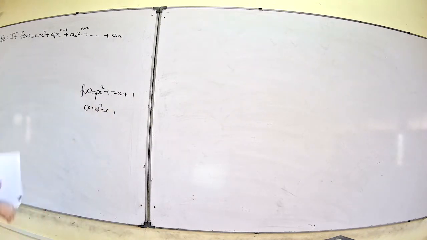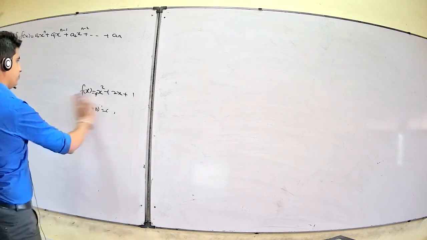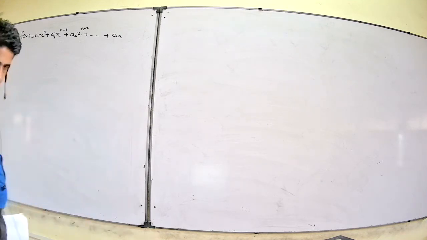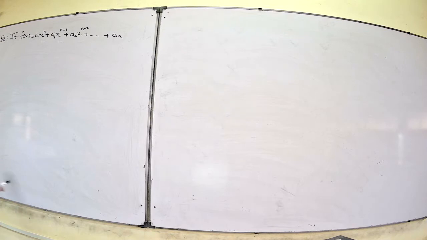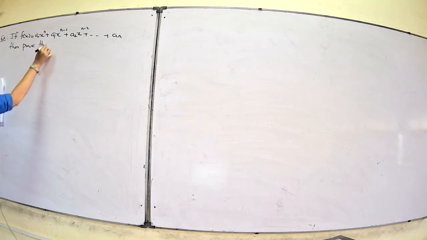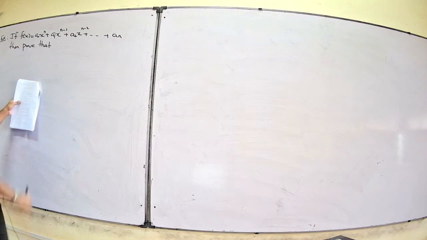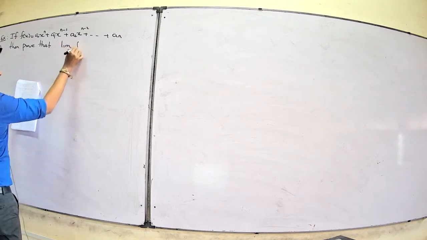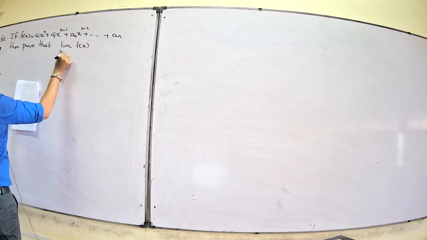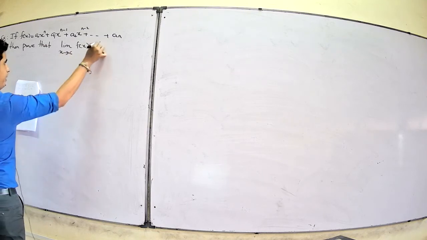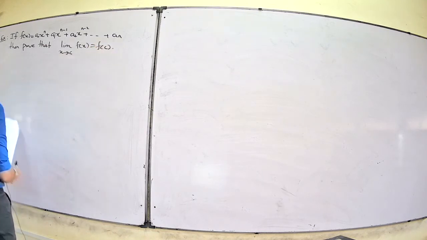It is a polynomial with a n. Then prove that limit of f of x as x tends to c is f of c. This is your question.